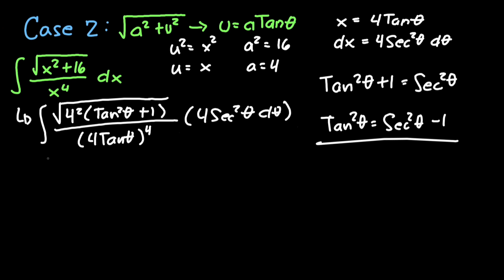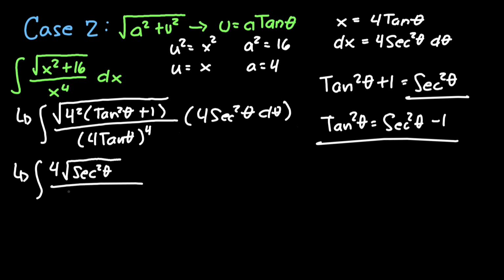And so this would be the integral of square root of, wait, now that I think about it, you can just square root the 4 squared here. So this would be 4, because square root and its square would cancel each other out, multiplied by the square root of tan squared of theta plus 1, which would be equal to secant squared of theta, over, if you see this, the 4 here would cancel, so this would be now 3.